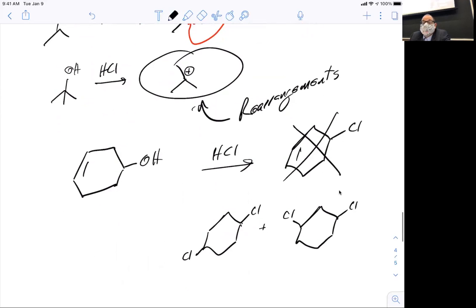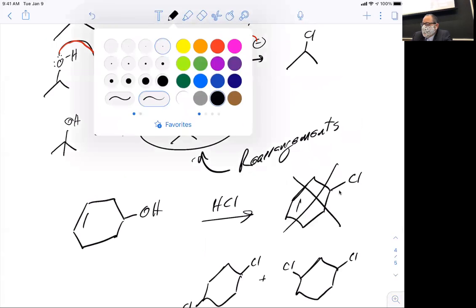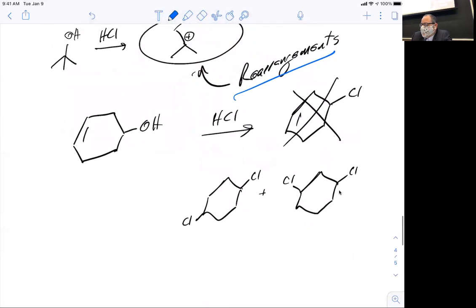So although the HCl works, hydrobromic, hydrochloric acid works to convert alcohols to alkyl halides, there are potential complications. I could go through a rearrangement, right? I could get secondary reactions. There's another functional group there.